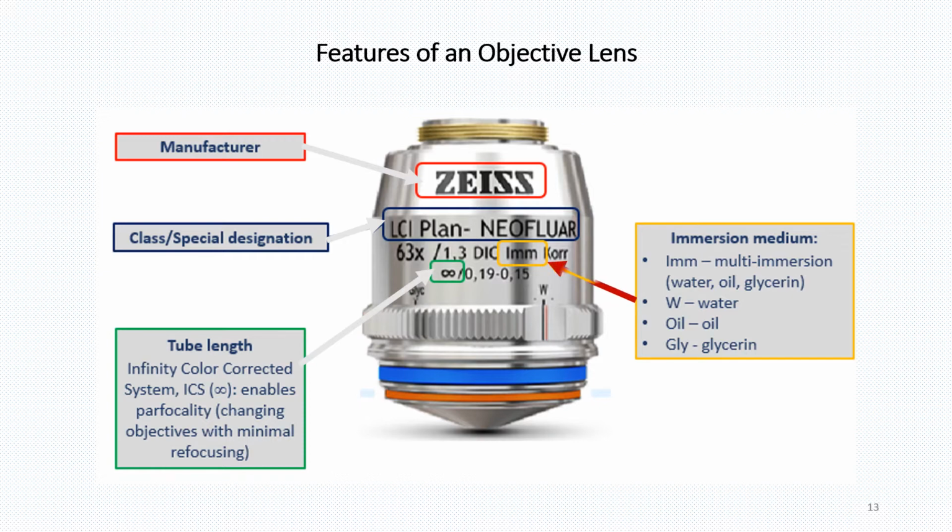Objectives designed for special immersion media are marked with either oil, glycerin, or a W for water. Some lenses are designed to be used with all three. Microscope manufacturers also label their objectives with color codes to help in the rapid identification of magnification and any specialized immersion media.